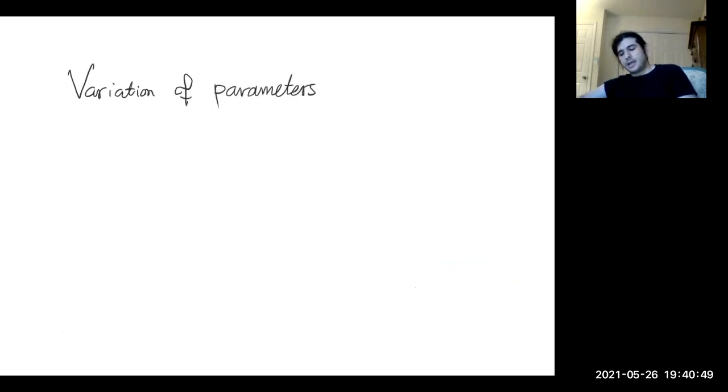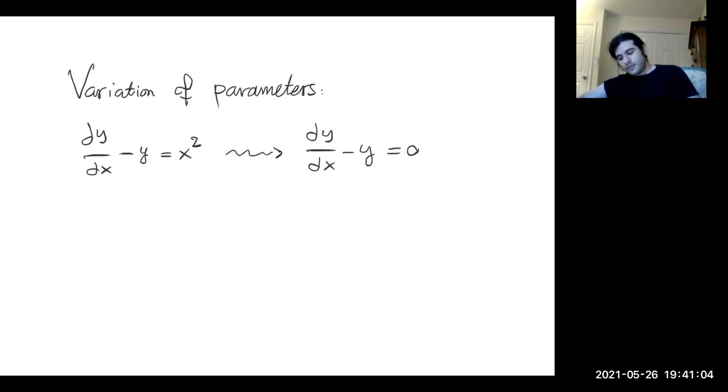So what does it mean? It means you have an ODE like here, which is not homogeneous. It's non-homogeneous. You consider the corresponding homogeneous ODE. You find one solution for that. Now you hope that there would be another function.